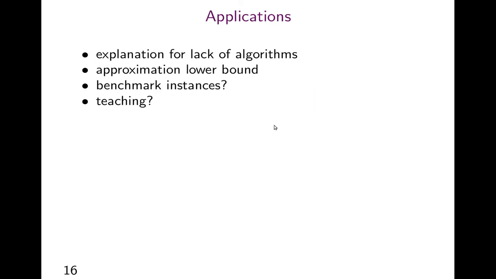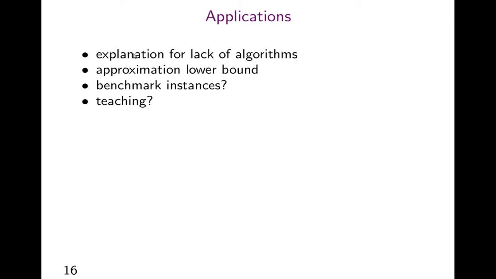Okay, so what are possible explanations of this, possible applications of this example? So I see 4. The first application is that it explains the lack of algorithms. We have very, very few algorithms for the algebra problem, despite the fact that it's extensively studied and there are literally hundreds of papers on it.